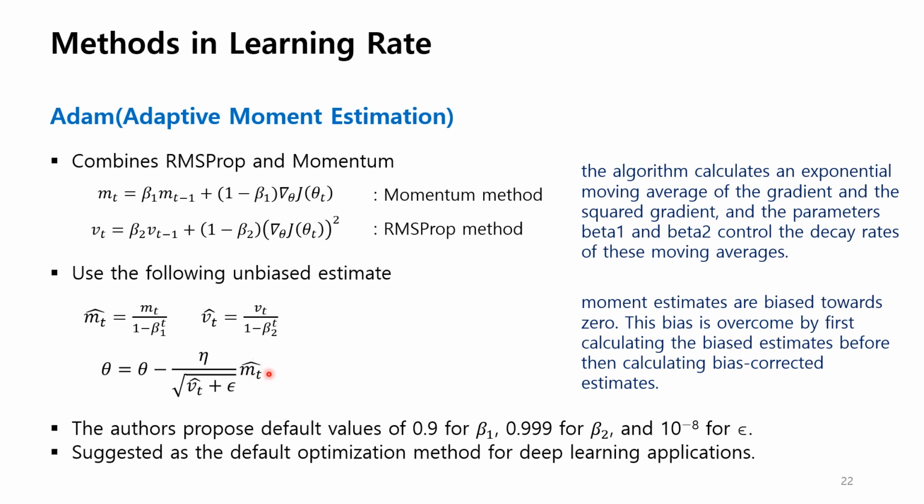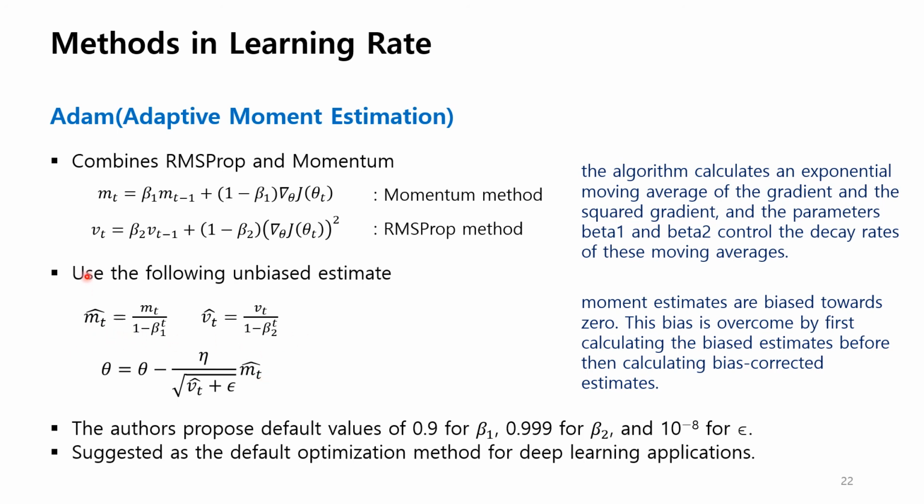And this one here used to be a gradient, right? And this is now replaced by this one. If you look at this one carefully, this is nothing but momentum. We have the gradient and it is added to the previous momentum here. So this is a momentum method. So ADAM is basically RMSProp plus the momentum method. So that's ADAM.